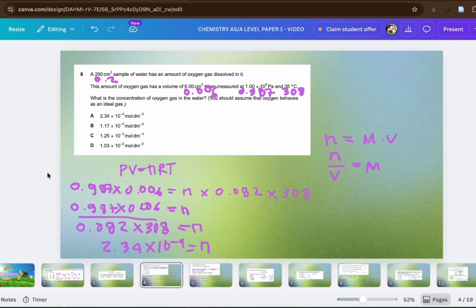We will use the volume of water here. So 2.34 times 10 to the power of negative 4 over 0.2, which results in 1.17 times 10 to the power of negative 3, giving our answer B.